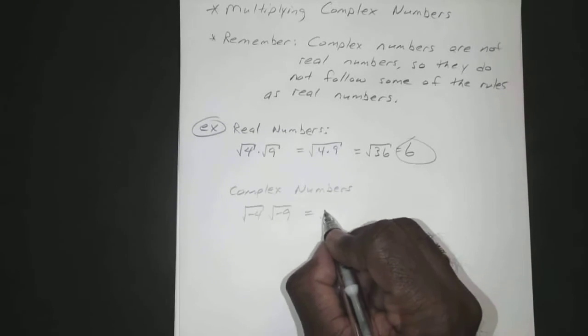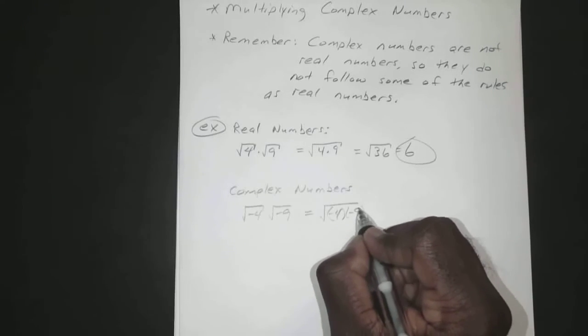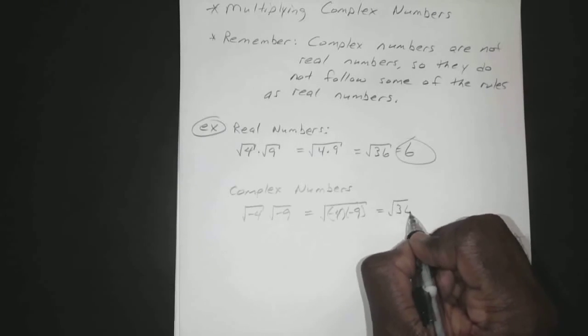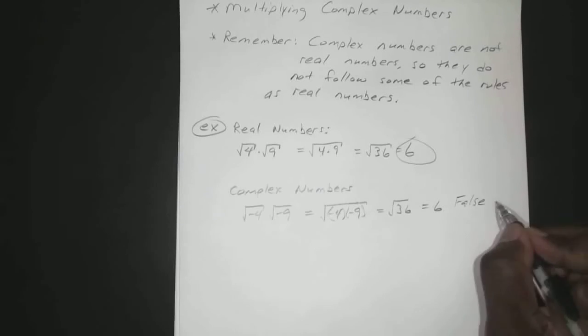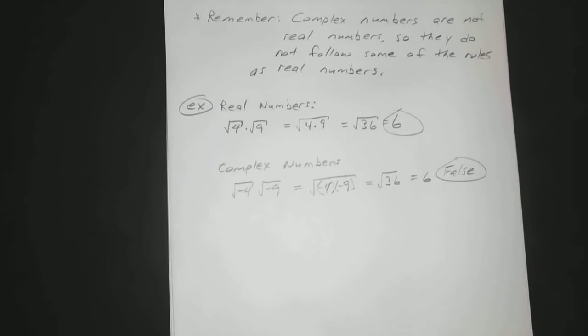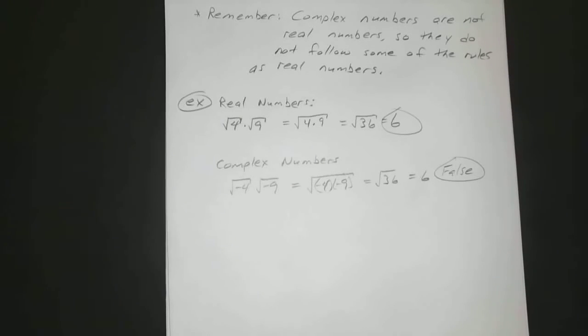If you brought them together to be square root of negative 4 times negative 9, which would be square root of 36, which is 6, which is false. Okay. With complex numbers, the negative can't just disappear. Okay, so you couldn't do that one.